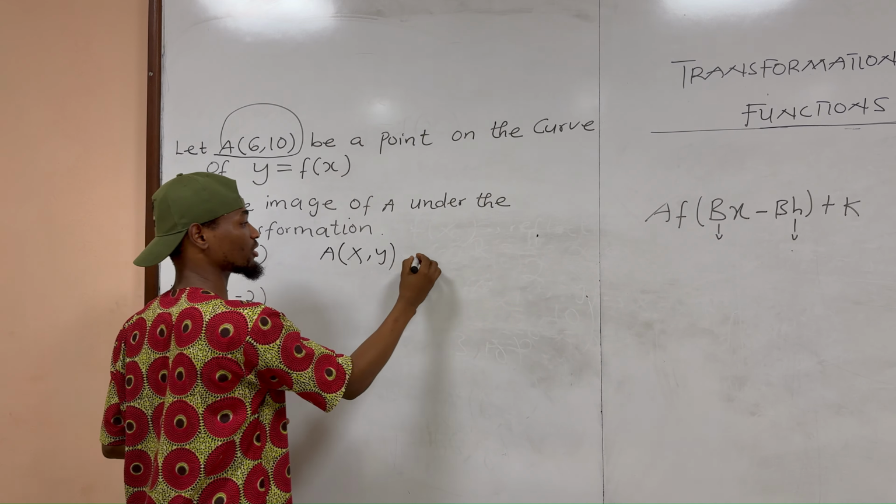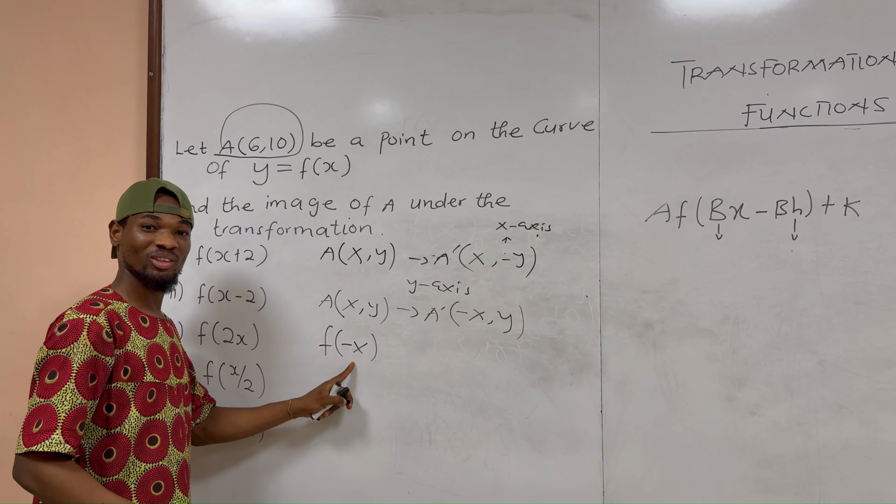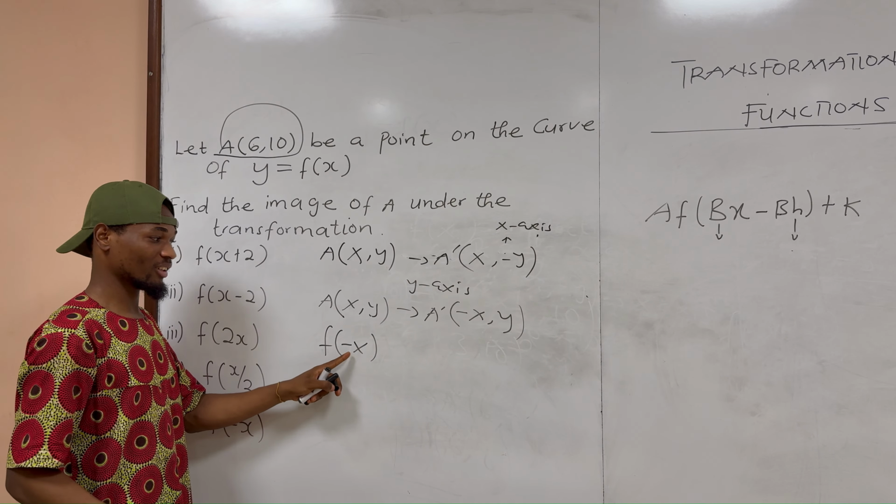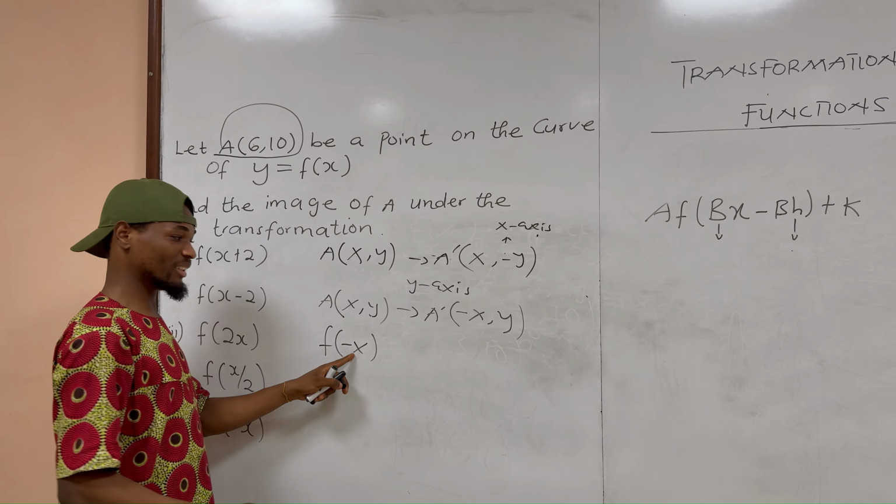So here the question is f of negative x. You realize that x has been negated, is that not so? If x has been negated, what does it mean? It means we are going to do our reflection in the y-axis. So here will be reflection in the y-axis.